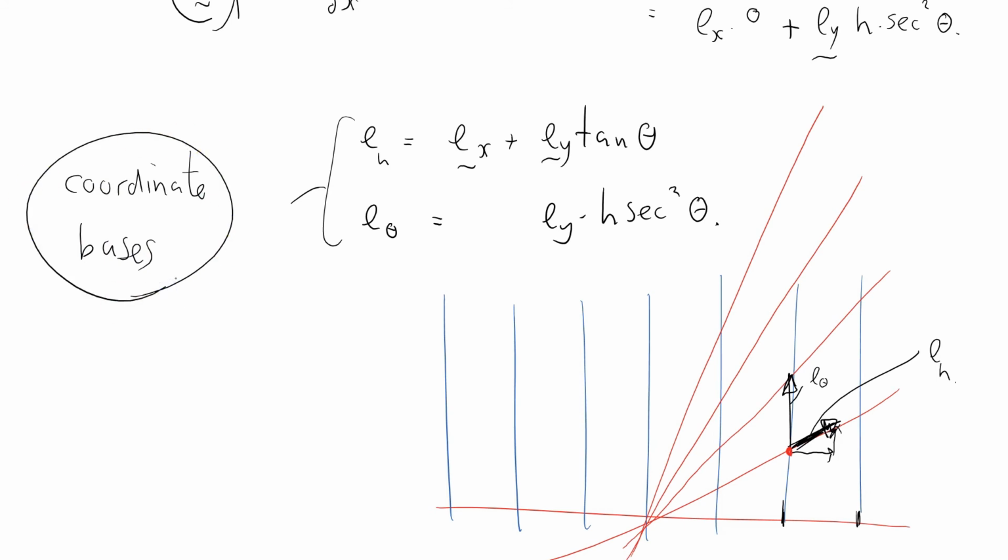If we're going to start fooling around with vectors, what the coordinate basis allows us to do is to have a coherent and consistent view of how vectors behave in a curvilinear coordinate system. And we'll see other advantages too. So I'm just going to leave it like that.